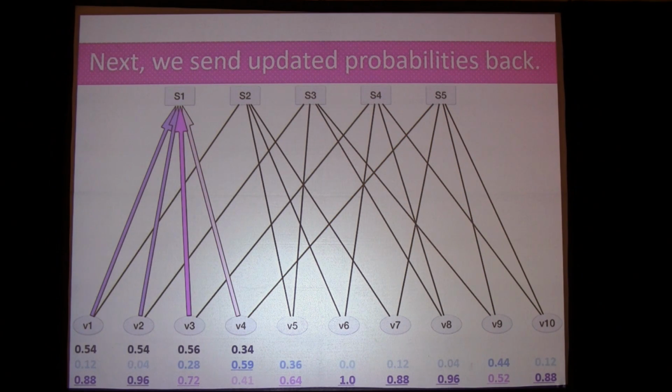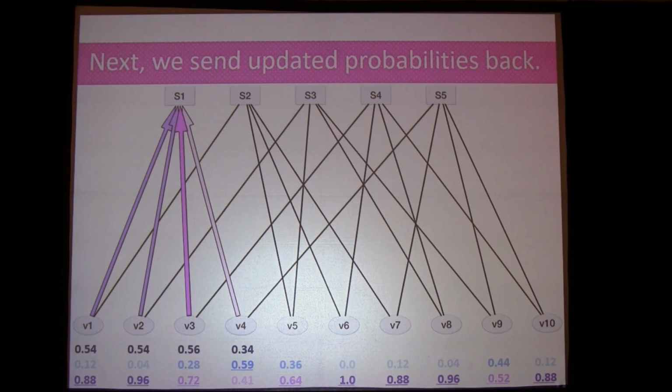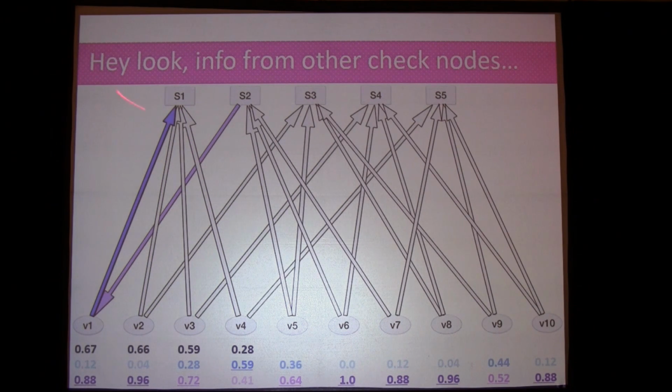Okay, so we're going to send the updated probabilities back. We got new numbers, and now we're just going to send them back to those nodes. Now, the interesting thing here is, when we say we're going to send them back to the nodes, there are these other connections. When this transmitted back down to here, here, and here, oh look, I also got a message from here.